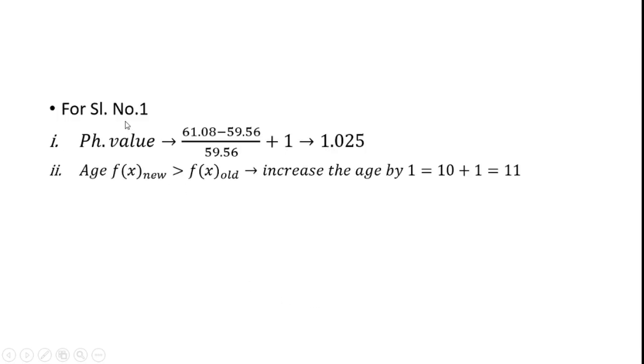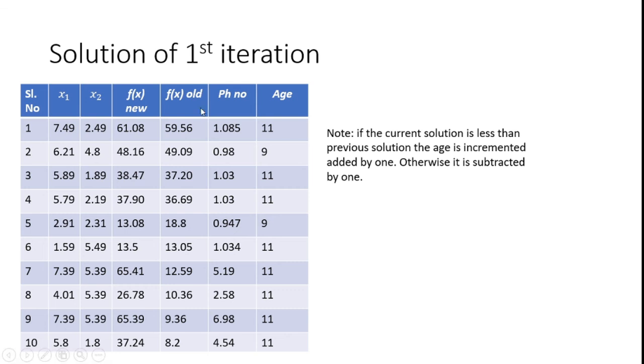Likewise, for serial number 1 in the superior region, pheromone value is 61.08 minus 59.56 divided by 59.56, plus 1. From this I got 1.025. Because f of x new is greater than f of x old, increase the age by 1: 10 plus 1 equals 11.